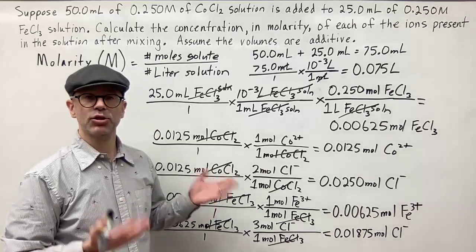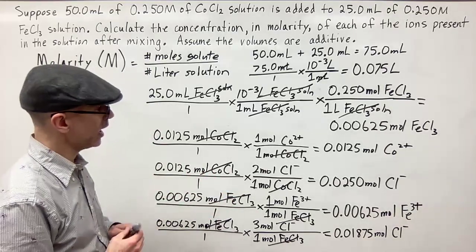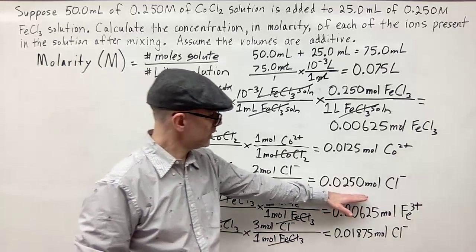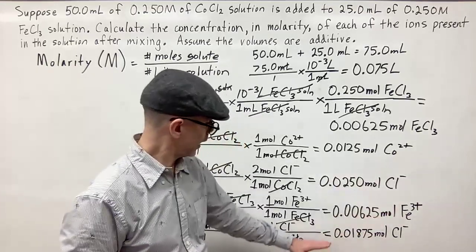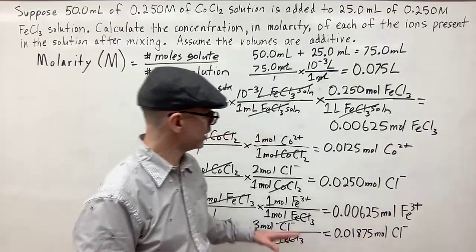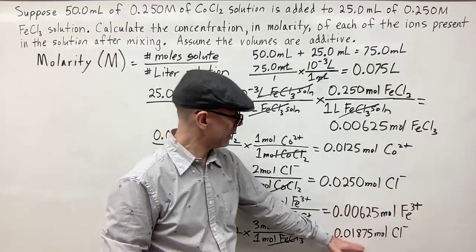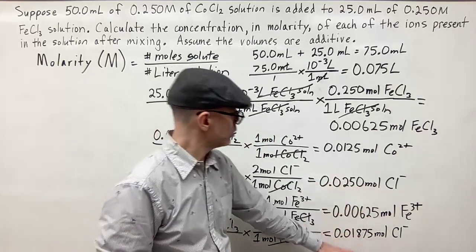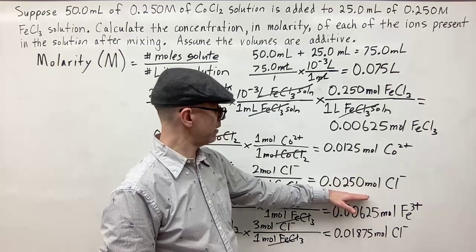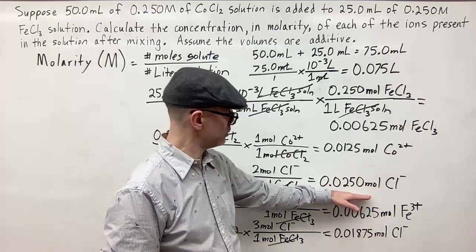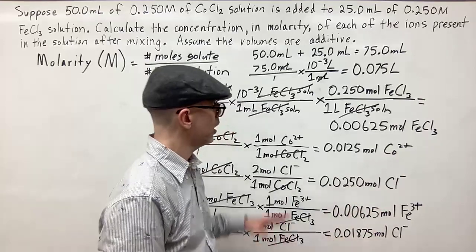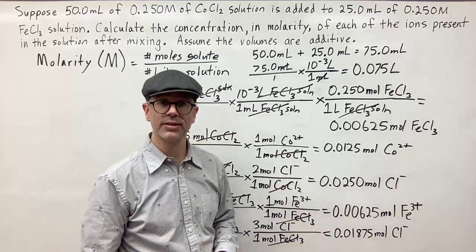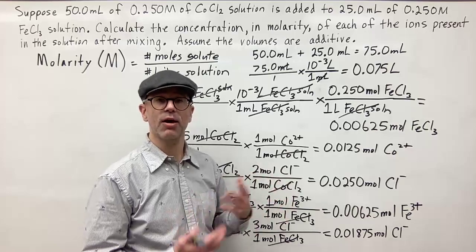So now what we need to do is divide, but before that, we notice that we have moles of chloride ion and moles of chloride ion. So to get the total, we're going to have to add these together. So 0.0250 moles plus 0.01875 moles, we're going to get a total of that, and then divide that by the volume.